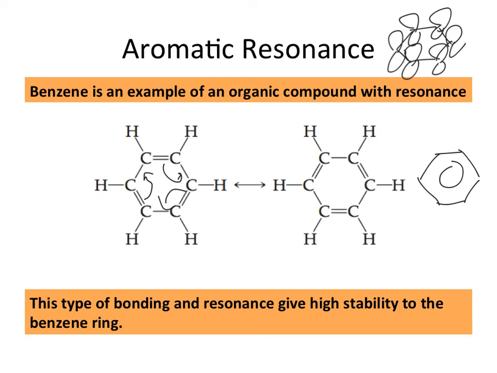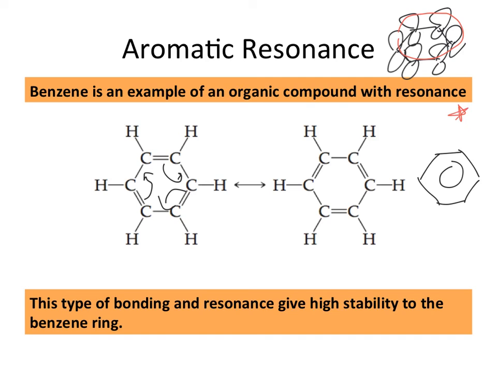If we look at the p orbitals on this diagram, we have pz orbitals on each of those carbon atoms. Electrons are being shared here and here in the drawings that we see. However, all of the electron density is being shared amongst all 6 of those orbitals, and that confers the resonance that we see for benzene.